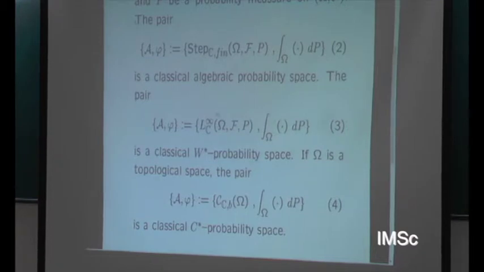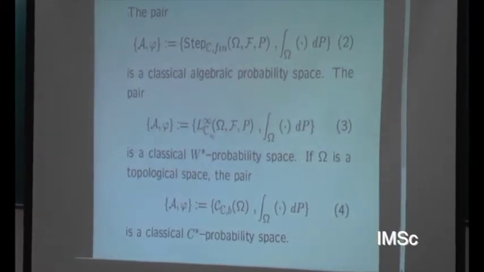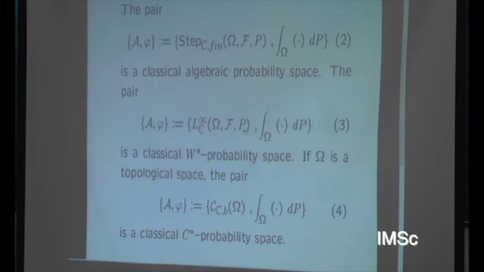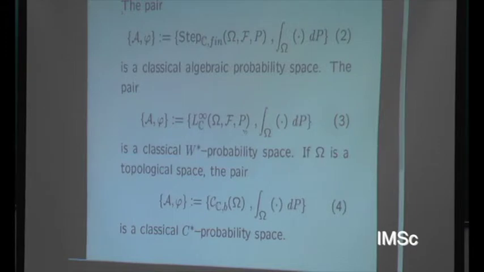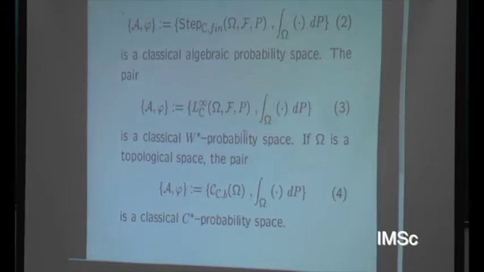If you take the L-infinity functions modulo the functions whose support has P-measure 0, then you get an example of a W-star probability space.